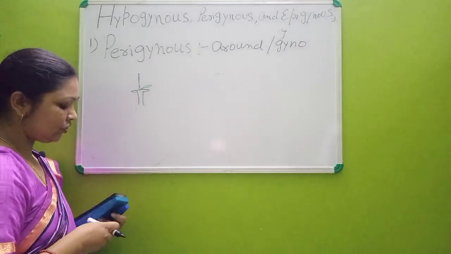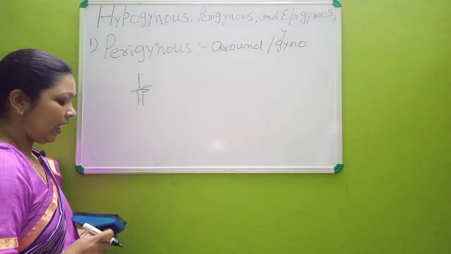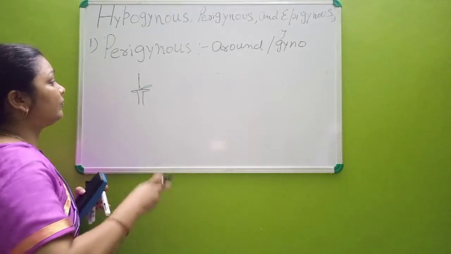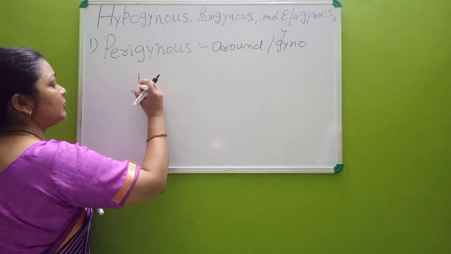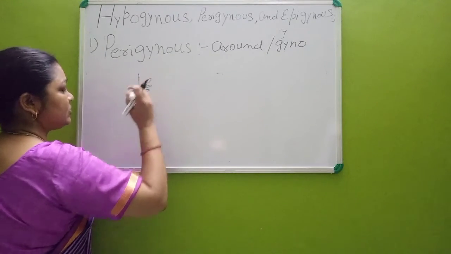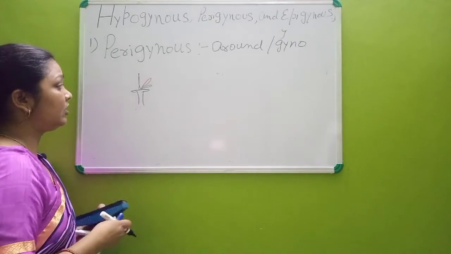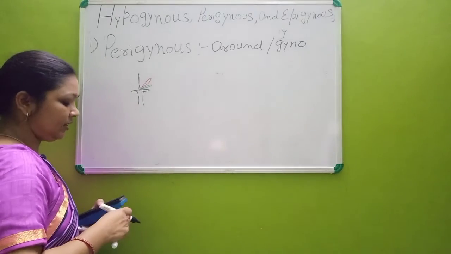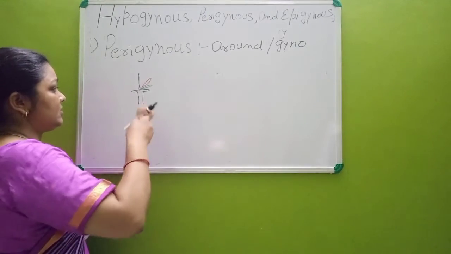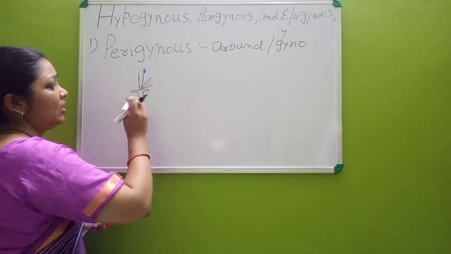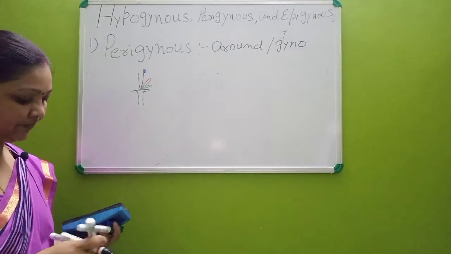That is, the position of the ovary is the same as the position of the others. So from the same position the petals are also arising, and from the same position the stamen is also arising. So this is one structure.